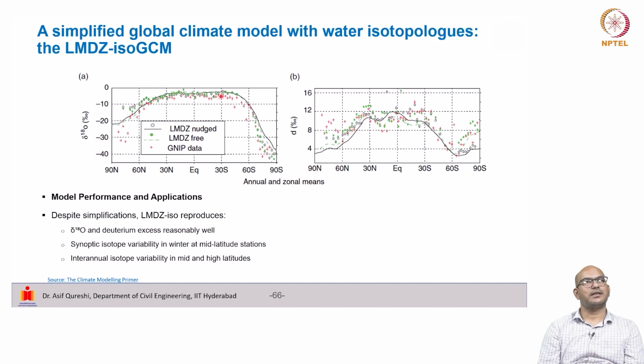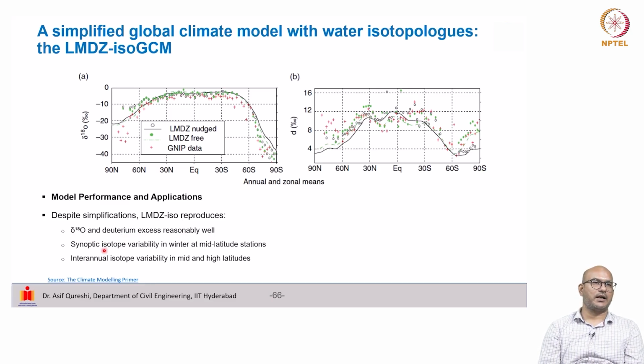So, as we see, the model is actually quite close, and is performing relatively okay. Despite the simplifications, the model reproduces the delta 18O and deuterium excess reasonably well.